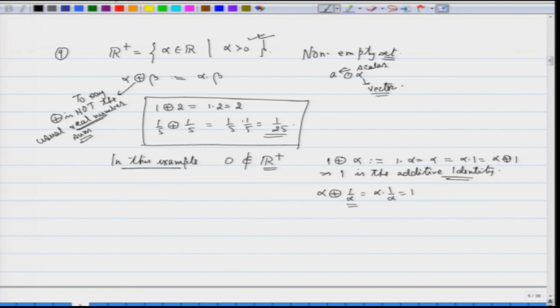I can define this to be equal to alpha to the power A. Alpha is a positive real number, A is a real scalar. So, whether A is negative or positive, alpha to the power A makes sense. A could be 0 also, and any number to the power 0 is 1. If A is a positive number, you will have positive powers.